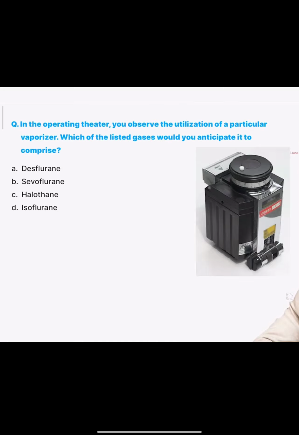Okay. Next, in the operation theater, you observe the utilization of this particular vaporizer. A vaporizer is a device that stores a liquid inhalational agent. Which of the listed gases would you anticipate? Looking at the vaporizer, over here I see a yellow color. Yellow color means what, guys?